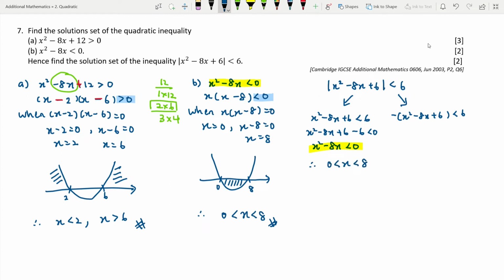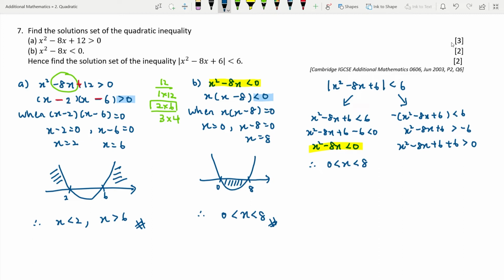Now, let's do the second case. First, we divide both sides by negative 1. We get x squared minus 8x plus 6 is greater than negative 6. Then, we bring all the terms to one side. x squared minus 8x plus 6 plus 6 is greater than 0.